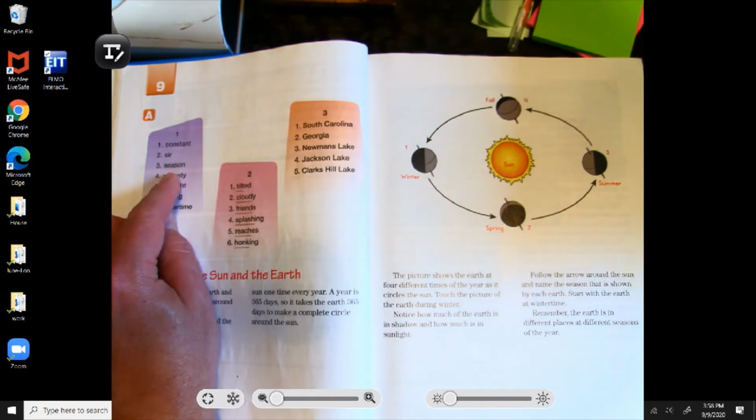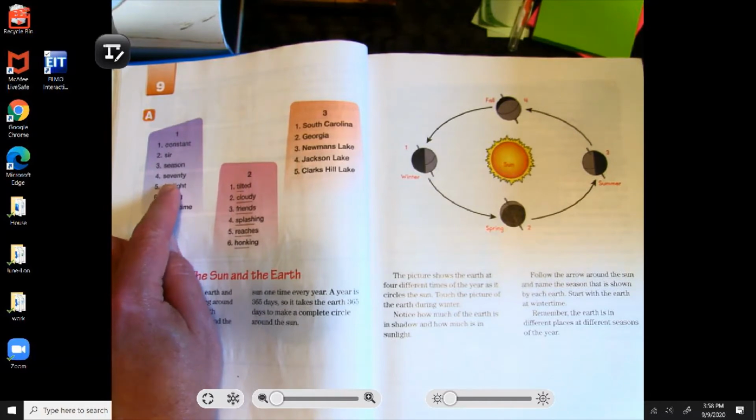Good. Word 3 is season. What word? Excellent. We are soon at the season of fall. Season. Word 4 is 70. What word? 70. Good. Word 5 is daylight. What word? Excellent.